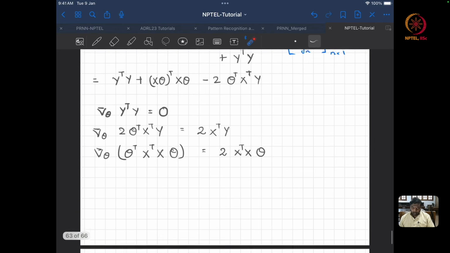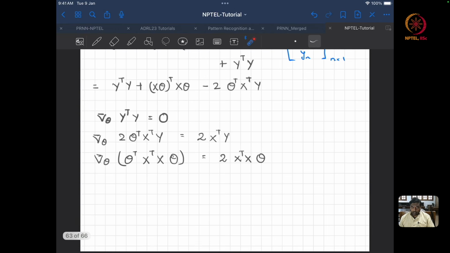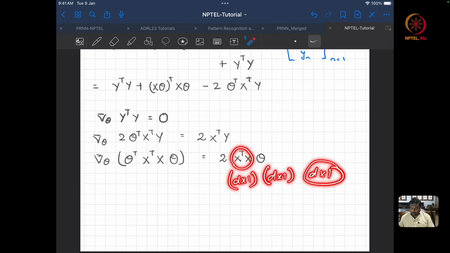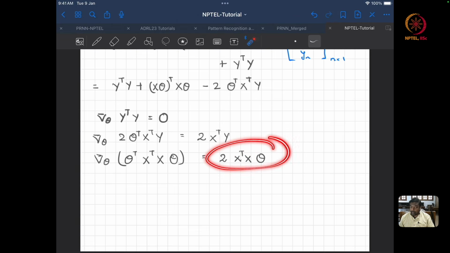Whenever you are taking a gradient, the gradient will be of the same dimension as that of theta. This is a d cross 1 into d cross 1 matrix that you are multiplying by d cross 1, so the whole thing will be a d cross 1.